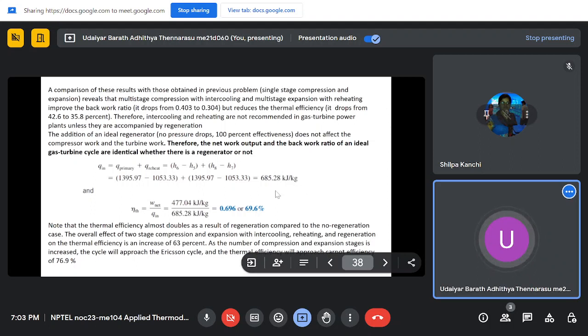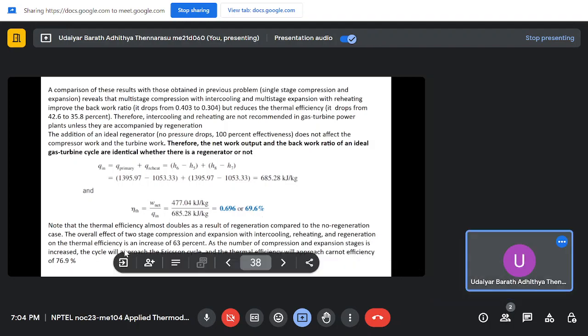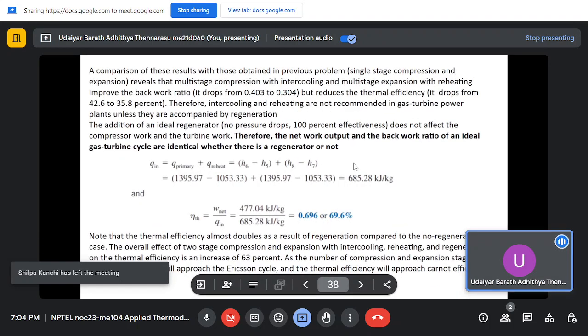So now if you see, it's very close. 69.6% is a good amount of efficiency, and by putting an infinite number of stages you are only going to 77%. So it's just close to 7% more. So increasing the number of stages may not effectively give you a rise in thermal efficiency compared to cost. So now two things come into play.